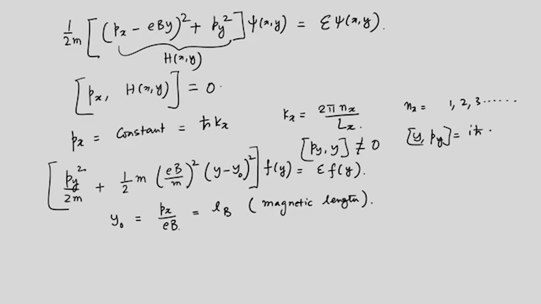We can get the solution to be exactly of the form epsilon equal to n plus half h cross omega b, where omega b is equal to Eb over m, which we have said several times is the cyclotron frequency.